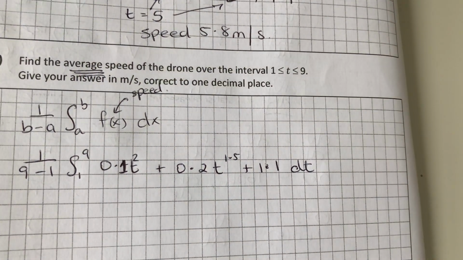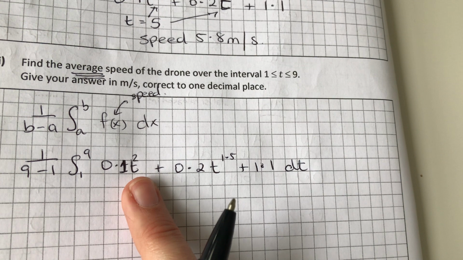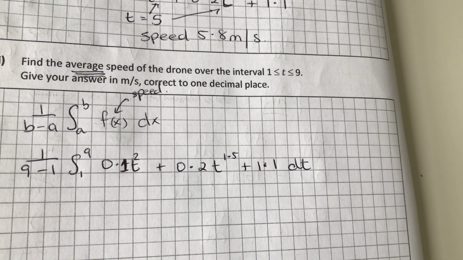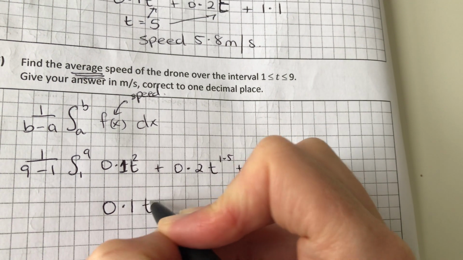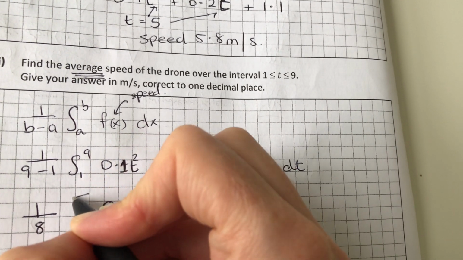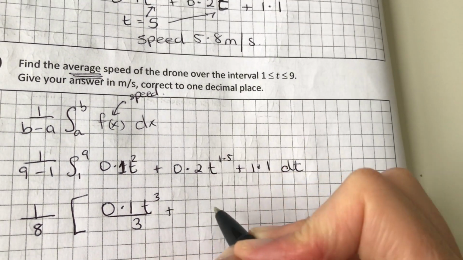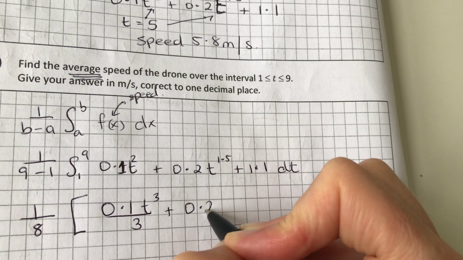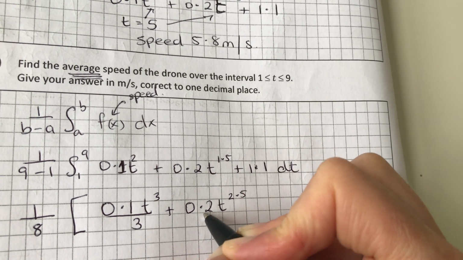Okay, so I need to integrate this, which means you need to add 1 to the power, divide by your new power. So the 1 all over 8 is still out here. Plus 0.2 t to the power of, I need to add 1 to the power and divide by my new power.